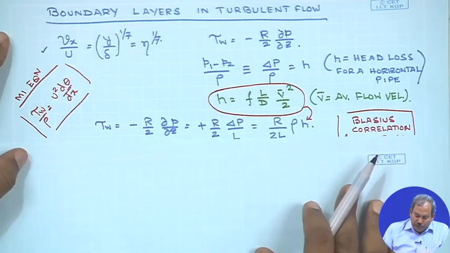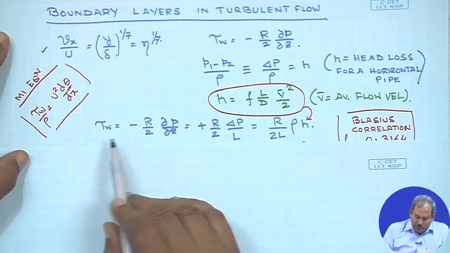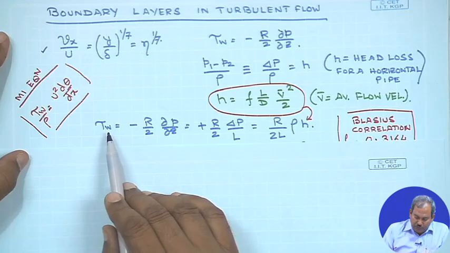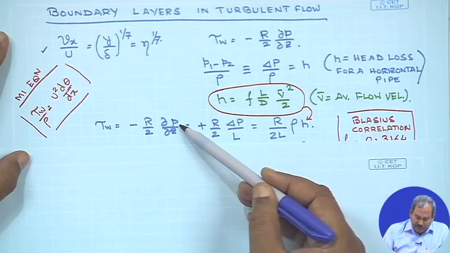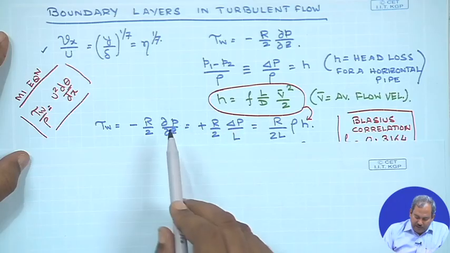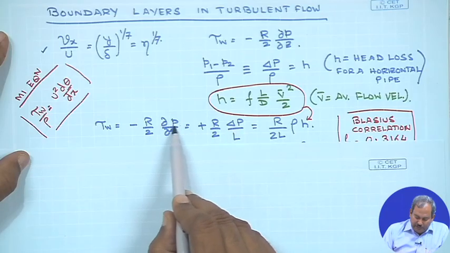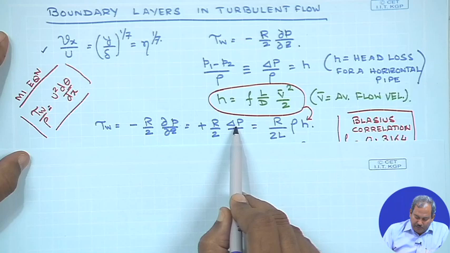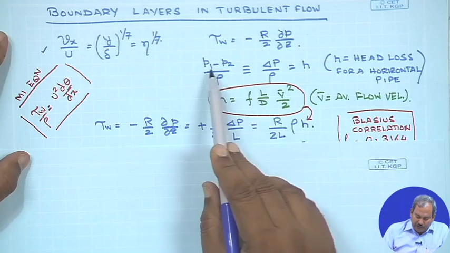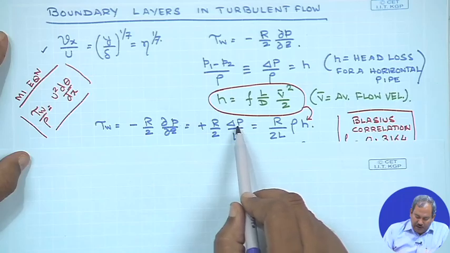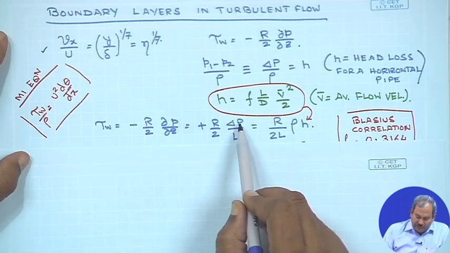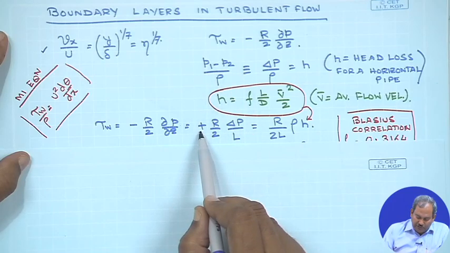So, one would then be able to express tau w, the wall shear stress, as minus R by 2 dP dz, and then instead of dP, I am going to bring in delta P. Since del P is equal to P2 minus P1 and delta P is defined as P1 minus P2, this becomes plus.